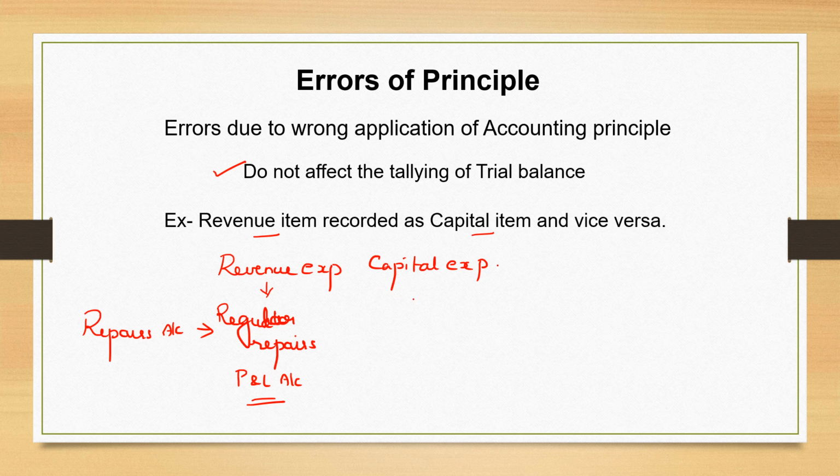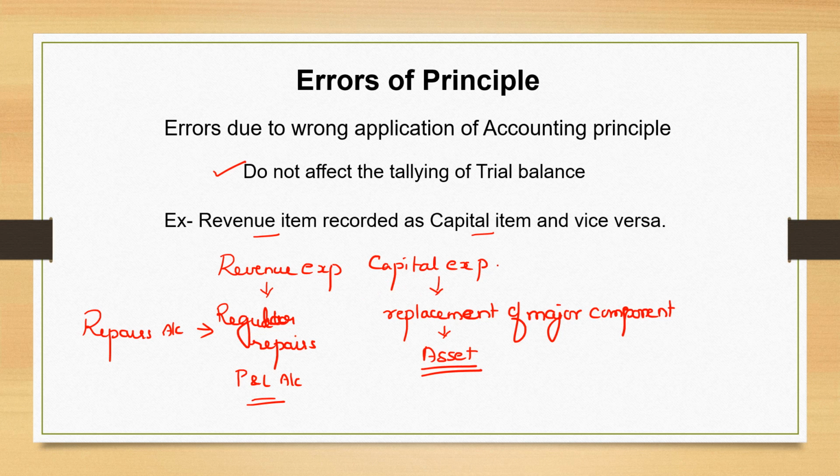Then that type of maintenance expense, where there is replacement of a major component or any major repair which would improve the capability of the existing machine, will have to go into that particular asset account. Like if it is a machinery, then it should go into the machinery account. It is in the nature of a capital expenditure.